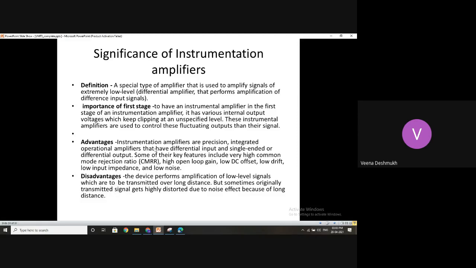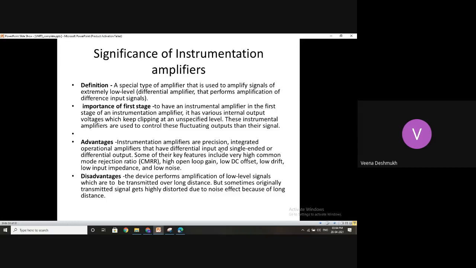Once you minimize the noise signals in the difference amplifier stage, the output of this difference amplifier stage can be a single-ended op amp stage, which helps in matching the input and output impedances, also helps in improving the gain and maintains the proper reference voltage level.